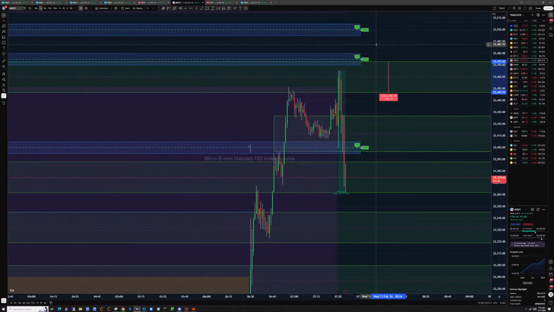So I didn't take that one, but it was only because I wasn't sure if price was going to rip straight up to this volume level or not. So I was too chicken. But if you traded it as a reversal, then you got it. Yeah, I didn't take it either, but it held well.